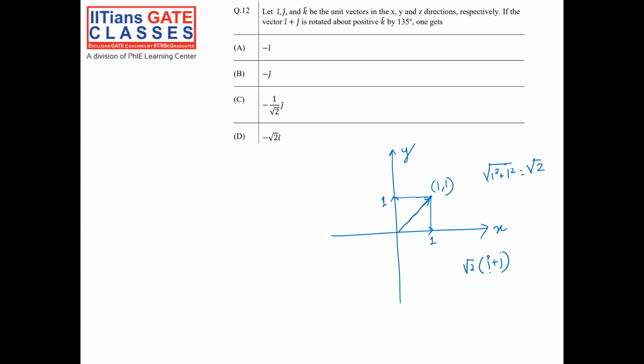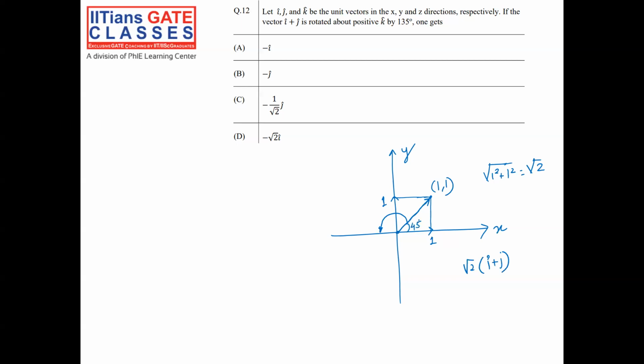And as z direction is perpendicular to the plane of the paper pointing upwards, that is a positive k. And if you rotate about that, then this is how we will get the rotation. This angle is 45 degree.